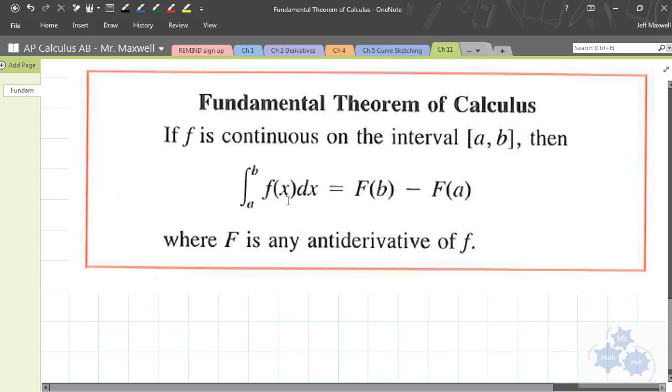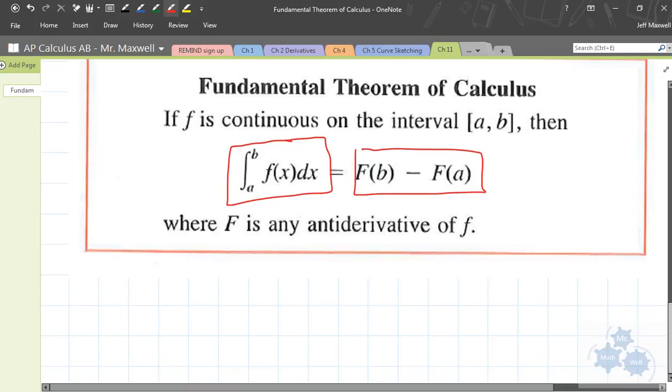So we define this as the antiderivative of f evaluated at b minus the antiderivative of f evaluated at a. That's just what we got finished doing in chapter 10. And here's the notation right here. That's just another meaning for this. We'll do some examples.